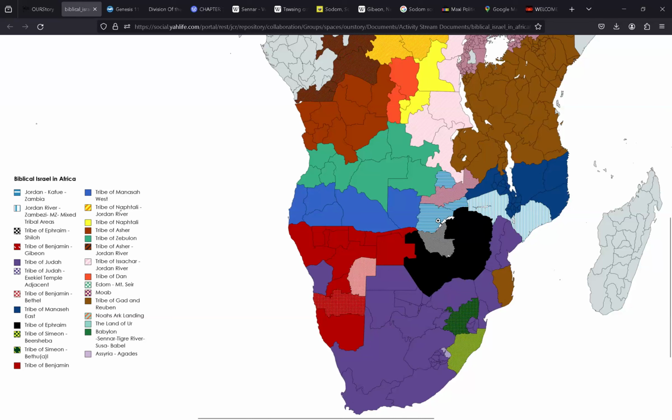And then you have your Zambezi River here, which is the crossover. So when you cross over the Zambezi, you get into the territory that was conquered by Moses, right? Which is Zambia, parts of Tanzania, parts of Kenya.